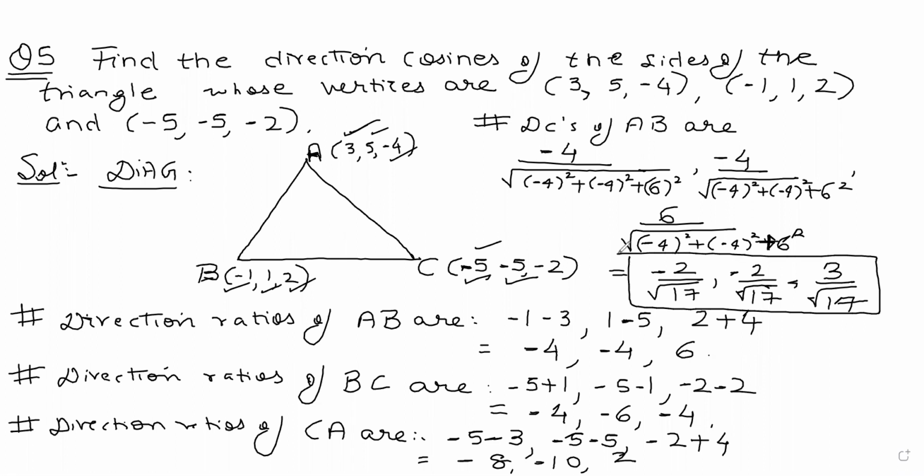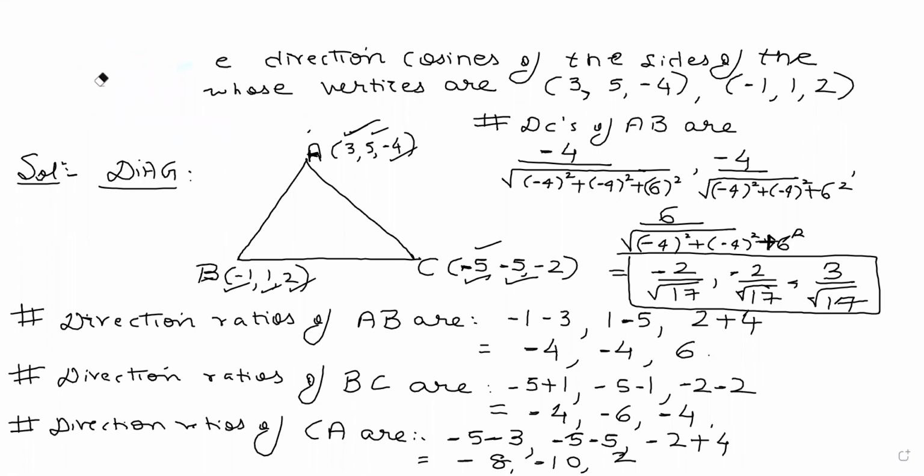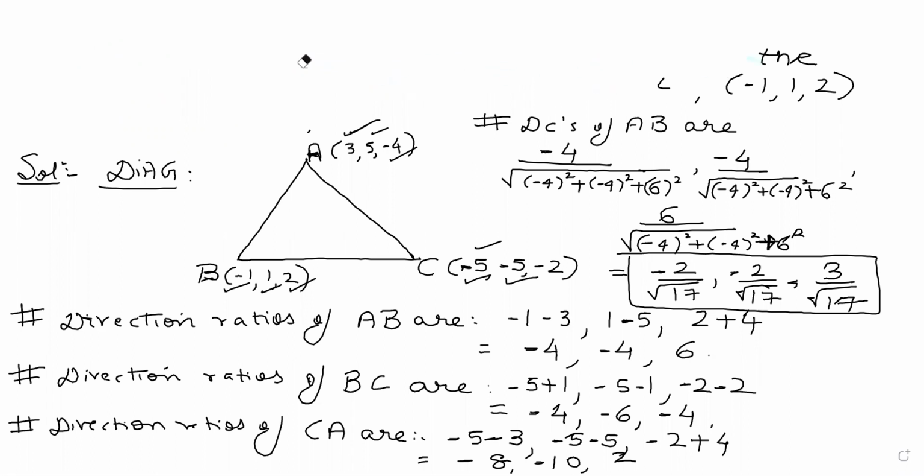I hope students have understood the formula which we have used. Okay, so if I erase the question now, I hope students know how to find the direction cosines from the direction ratios.